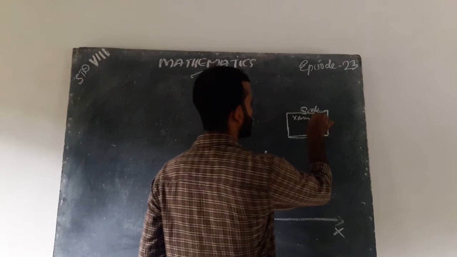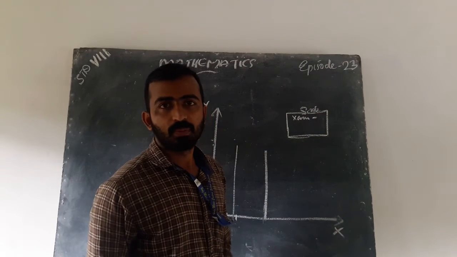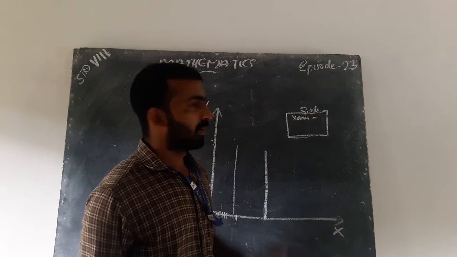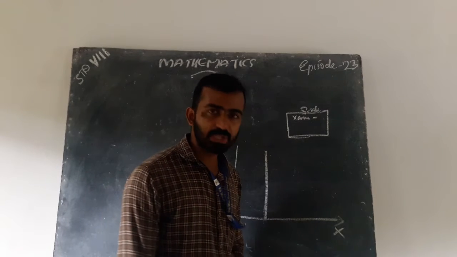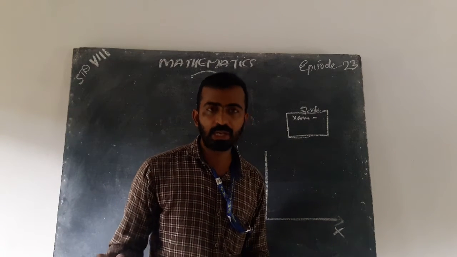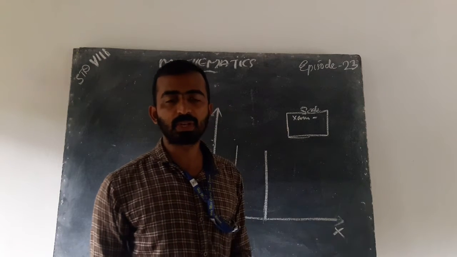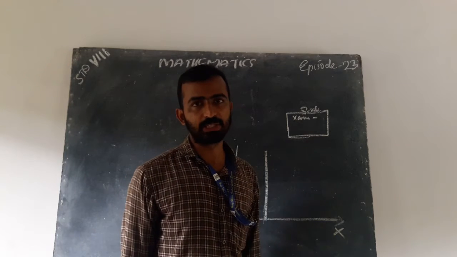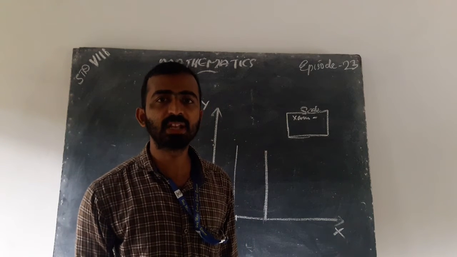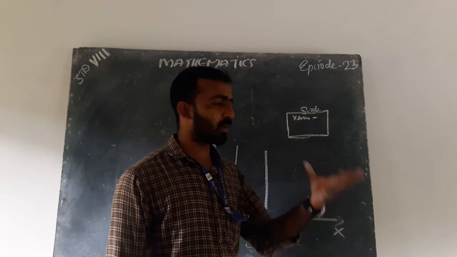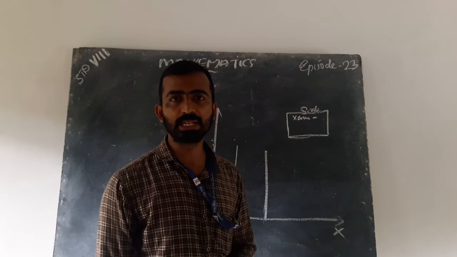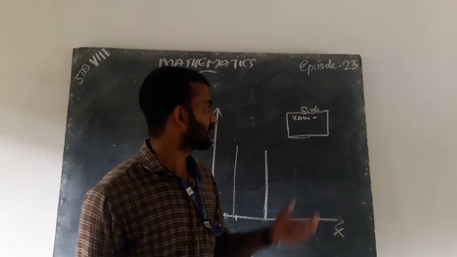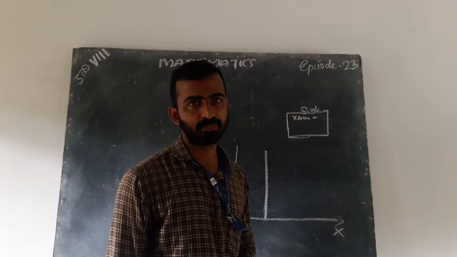The x axis is the number of years, or which car or bike or motorcycle we take. And in the y axis we take the frequency, that is the number of boys, number of students, number of girls, number of cars, amount of money or profit.